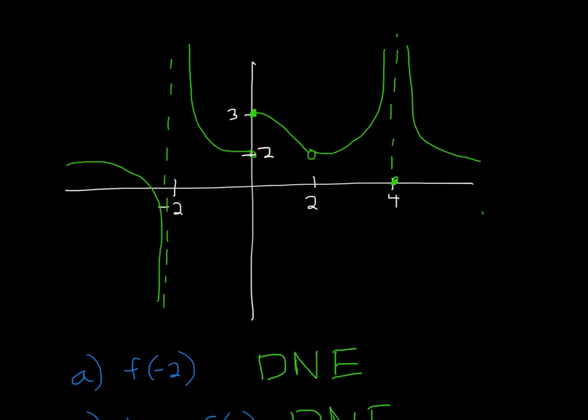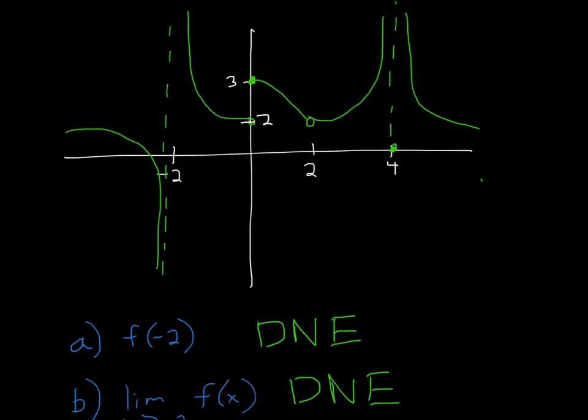If it's an open circle, that means it's a hole, so at that point there's actually not a y number. Here, though, it's a closed circle, so there is a number at this point. It's asking you, is there a y point? And yes, there is. It's 3. So this one will be 3.